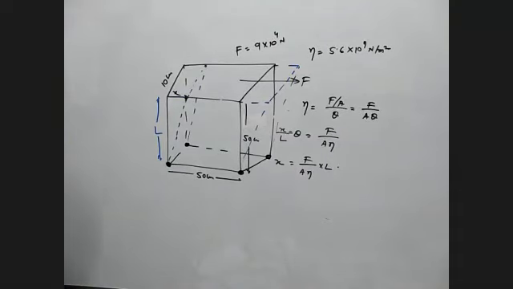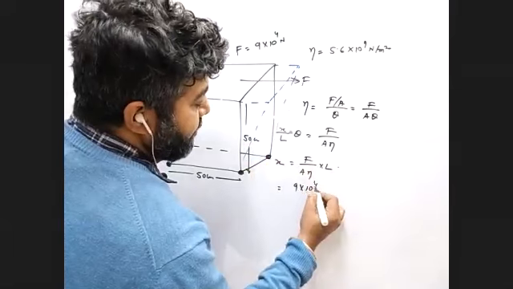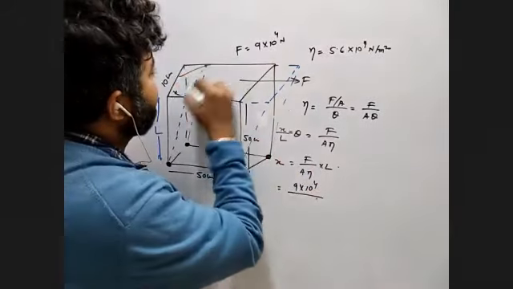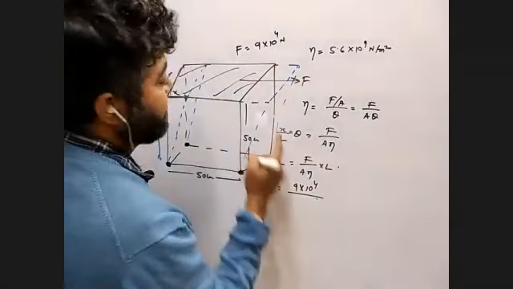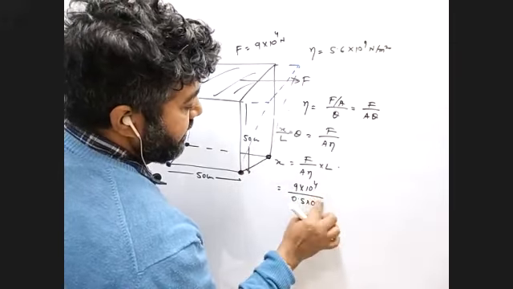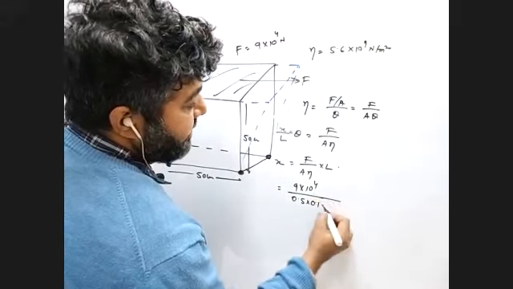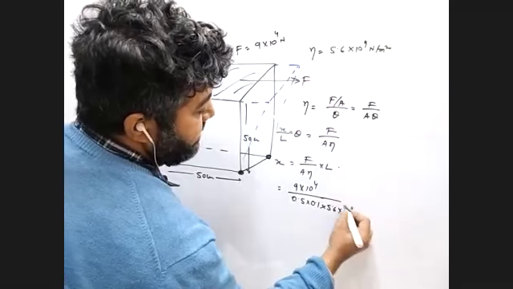So now sir, all the data are given here. If you put one by one, your force is 9 into 10 to the power 4. Area, you need this area, so length into breadth, you can convert centimeter into meter, 0.5 into 0.1. Now rigidity is given 5.6 into 10 to the power 9.